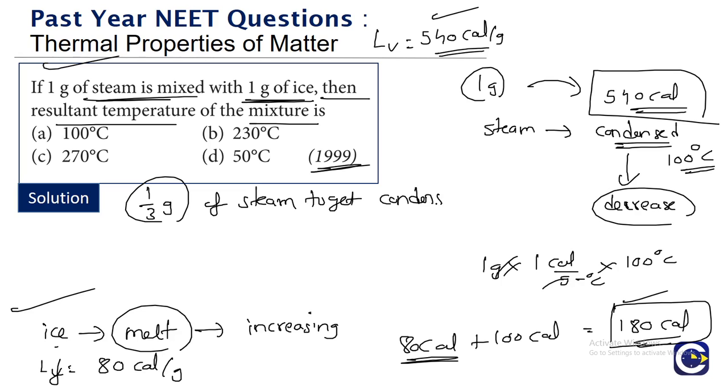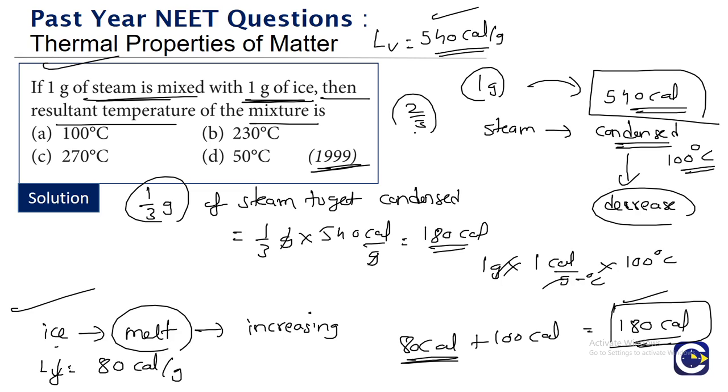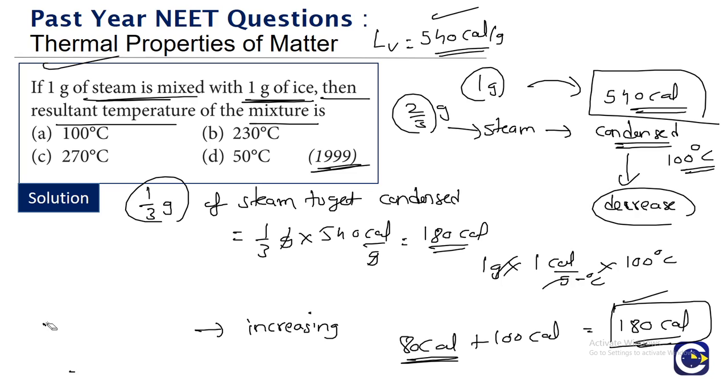Because if 1/3 gram of the steam is condensed, how much energy are we going to get? 1/3 gram into 540 calories per gram, which is 180 calories. And the remaining 2/3 gram will be in the steam form only. So what is the final mixture that we will be having? We will have the water that has come from the melting of ice, that is 1 gram. Okay, so this is the final mixture that we will be having.